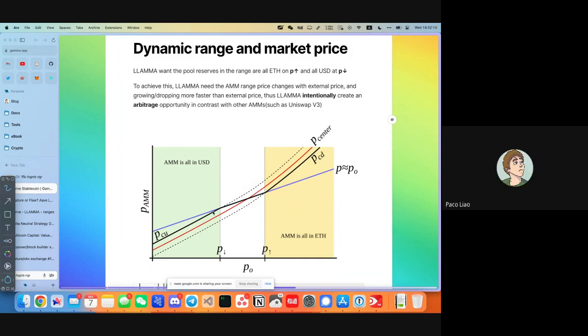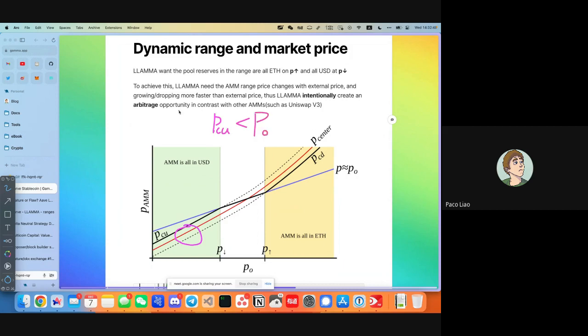I think the black line is the market, the pool status of this range. So in this green area, this black line is at the upper price of this range. And this range is out of range, because the upper price P_cu is lower than the external price.